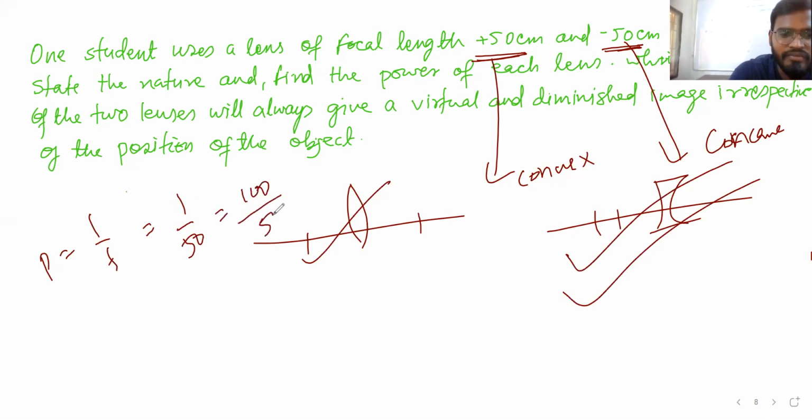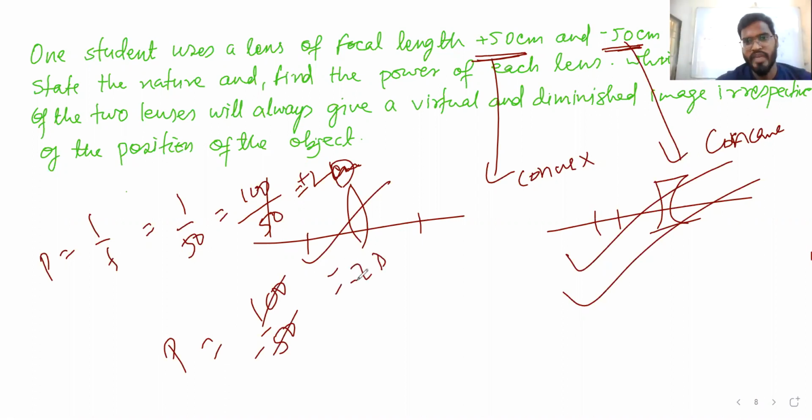So we can say power is 2 diopter. In that way we can find power for both. Plus 50 is given, so from that we can find power. First one will be plus 2 diopter. The second one, minus 50, again it will be minus 2 diopter.